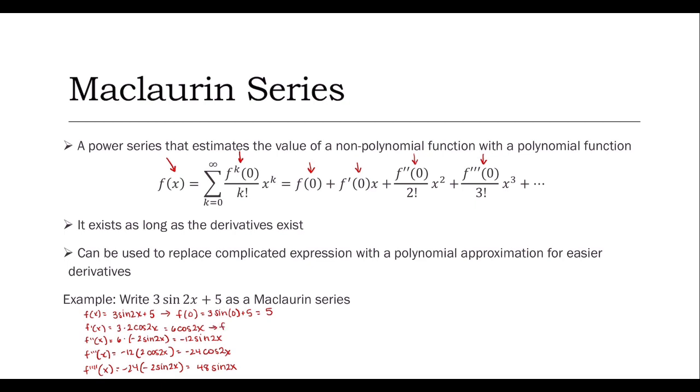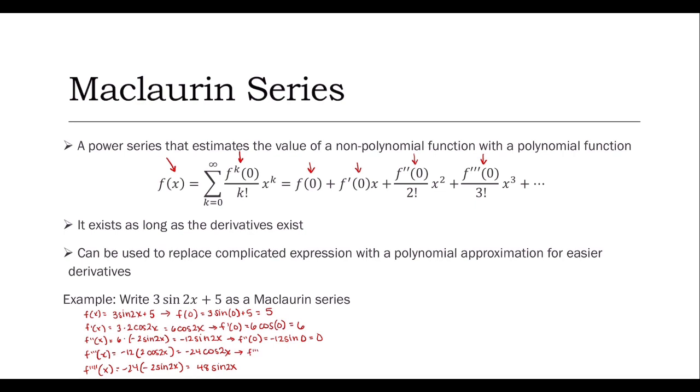For f prime of 0, we'll have 6 cosine of 2 times 0, so cosine of 0. Our cosine of 0 is 1, so this equals 6. For f double prime of 0, we'll have negative 12 sine of 2 times 0, so sine of 0. Sine of 0 is 0, so this will equal 0.